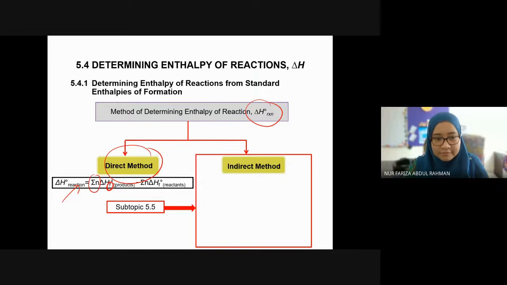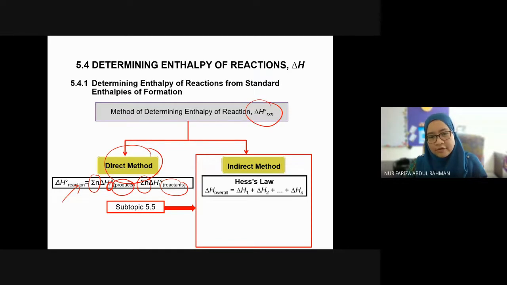The sum for the products, delta H formation, minus the sum for the reactants, of the enthalpy of formation. Alright, so this is the direct method.